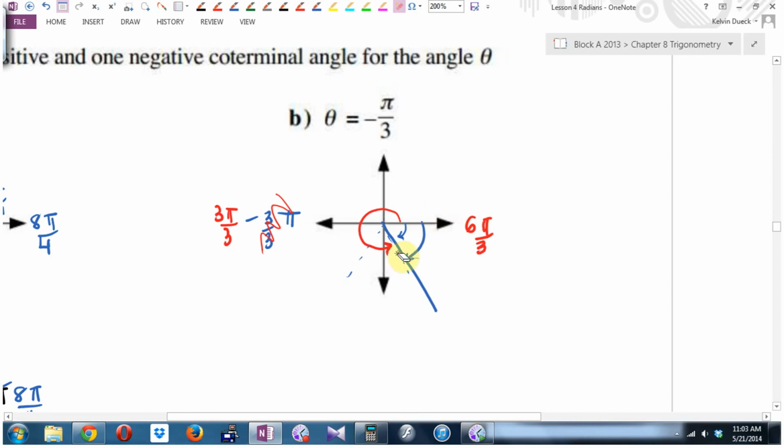Not 6 pi by 3s. 5 pi by 3s, right? 1 wedge, 1 pi by 3, less than 6 pi by 3s. So the principal angle is 5 pi by 3.